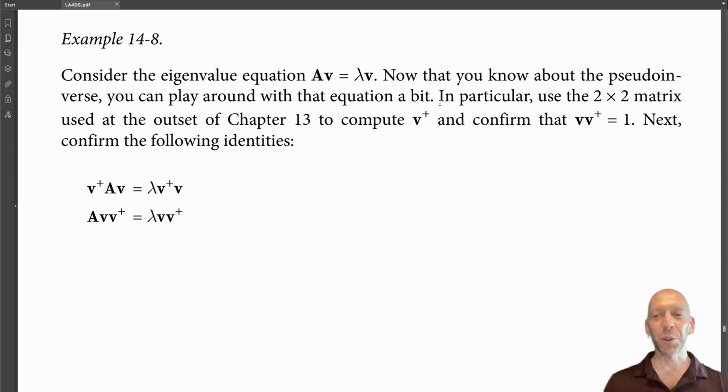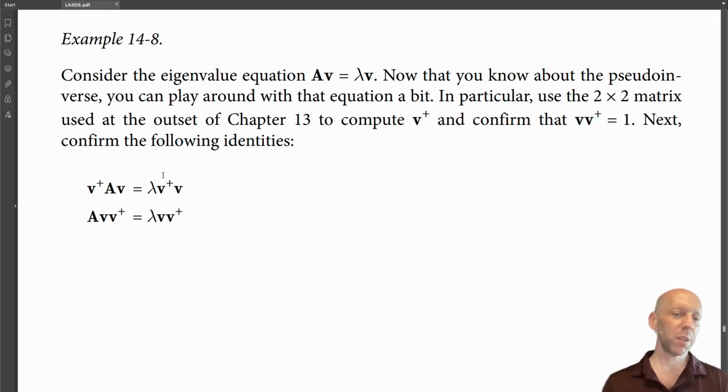Okay, so the 2 by 2 matrix used at the outset of chapter 13, it's just an integers matrix. It's just convenient to work with because it's all integers, I guess, easy to interpret eigenvectors and so on. Okay, compute V pseudo-inverse and confirm that V times V pseudo-inverse is 1.